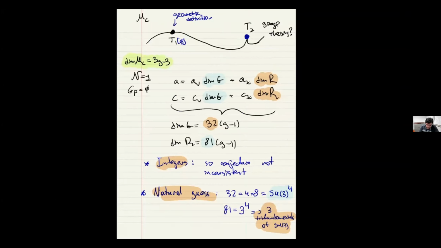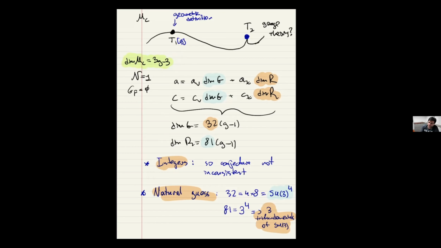Okay, so now what can we do? Again, we can follow exactly the logic that we had in 4 dimensions. So we have this geometric prediction that there is a theory. This theory has a conformal manifold, a (3g minus 3)-dimensional conformal manifold, because this theory in 6 dimensions has a stress energy tensor.